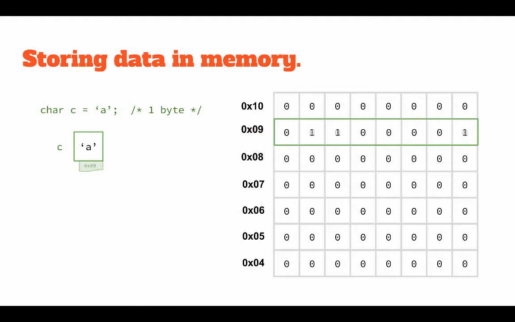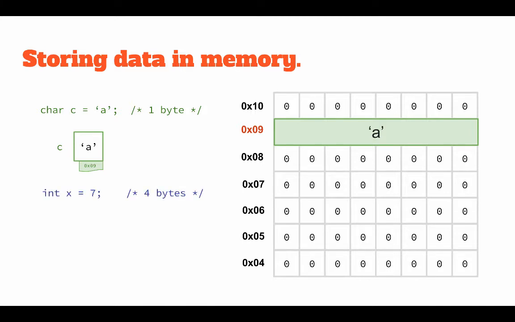I'm going to set all the bits in there that are relevant to my A. So that is the ASCII representation of an A. And then it knows that c now is stored in address 0x09. So we can tie that address to that variable. And now we have A stored in that memory slot.